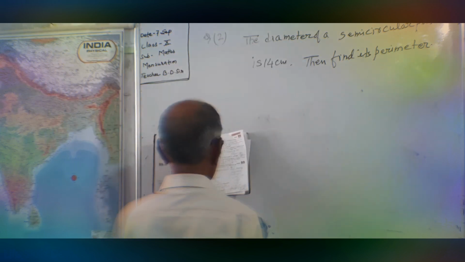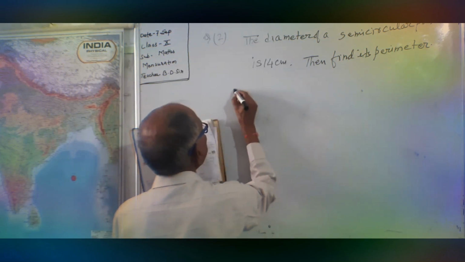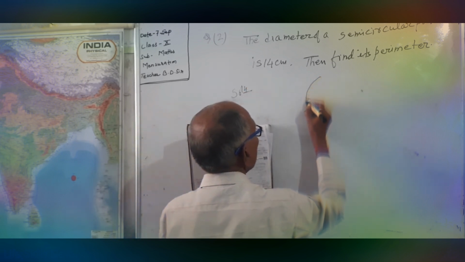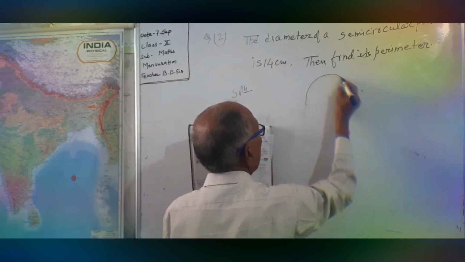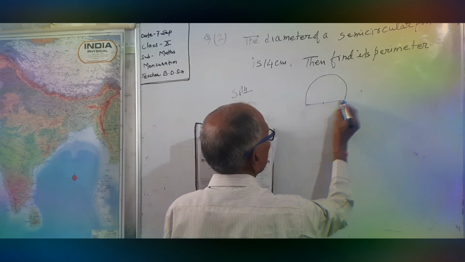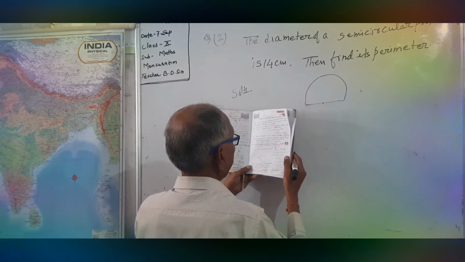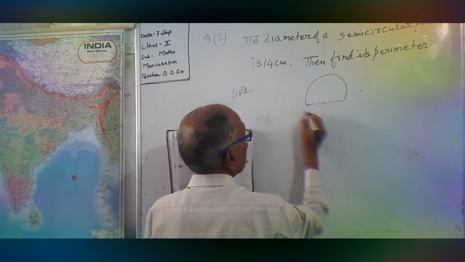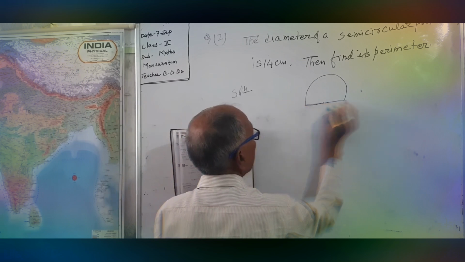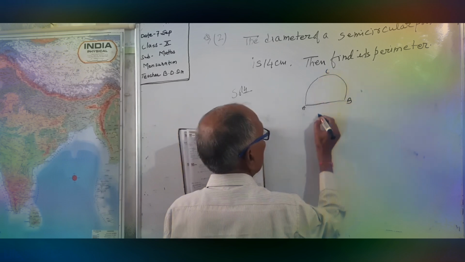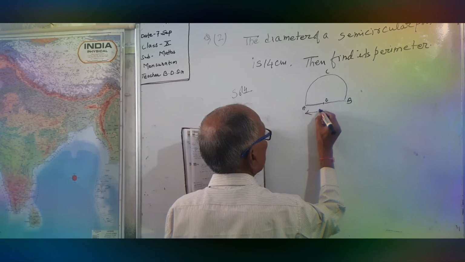Perimeter. I am drawing the figure. The diameter of a semicircular protector is 14 centimeter. From here to here, 14 centimeter, this length.